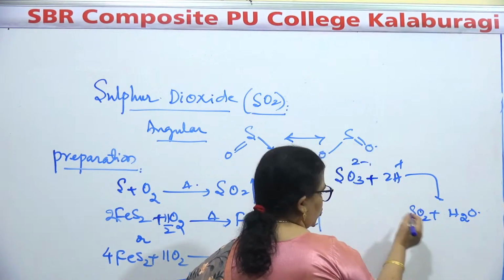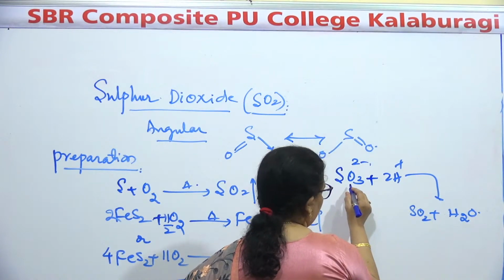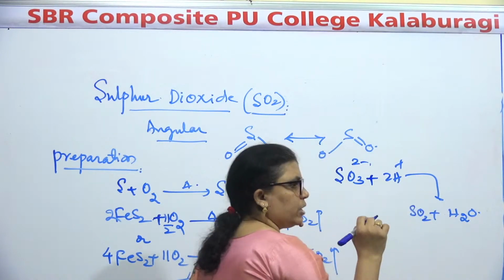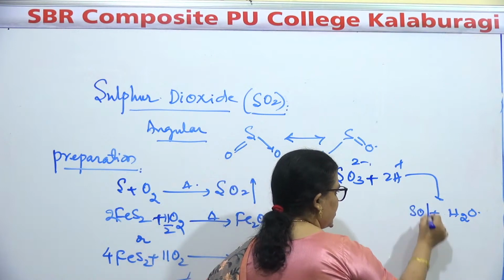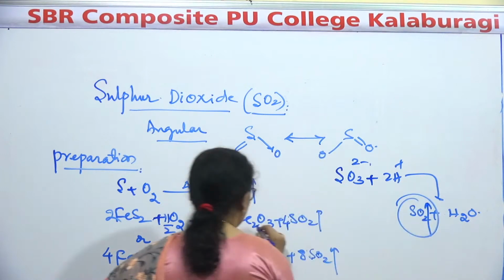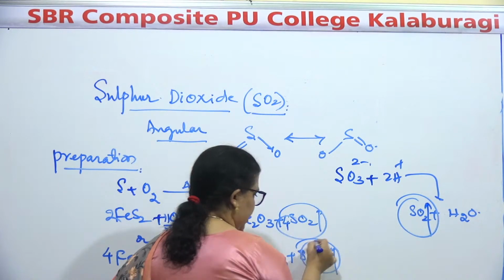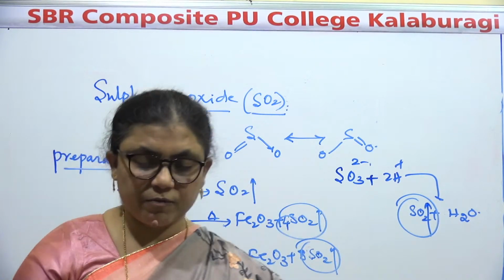SO2 plus H2O, so we get water. This will be the third method. So these are the 3 methods by which we can prepare sulfur dioxide.